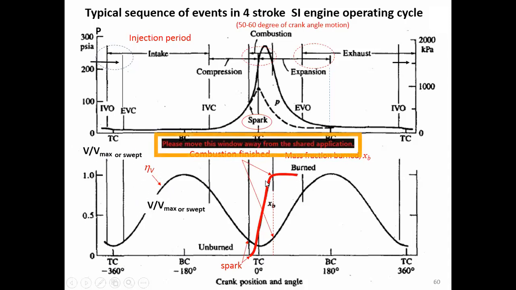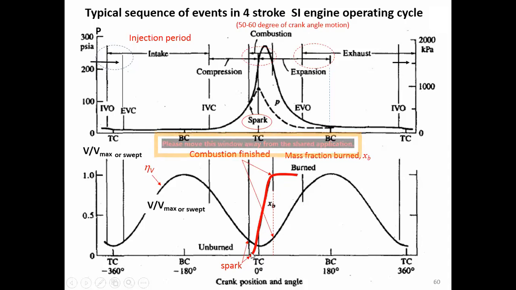And then the left graph here shows you when the combustion happens. This shows you the fraction of the mass burned. At the beginning, when the spark happens, only a small portion of the fuel is burned.